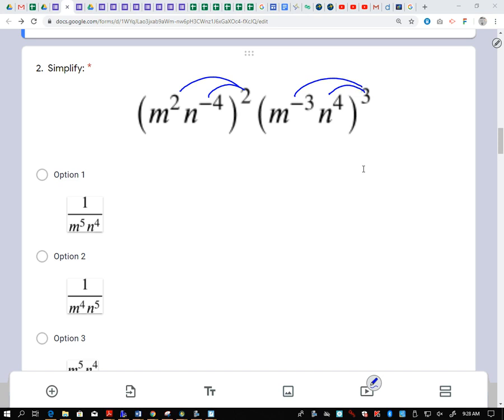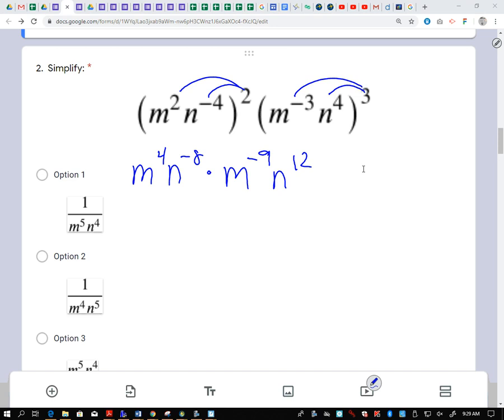Okay, so I'm getting m to the 4th, n to the negative 8th times m to the negative 9th, n to the 12th.